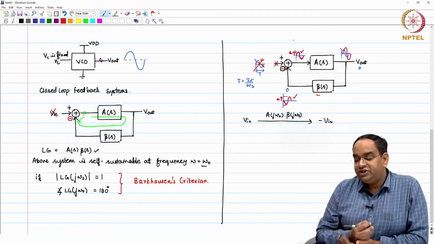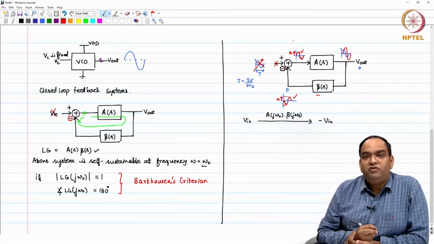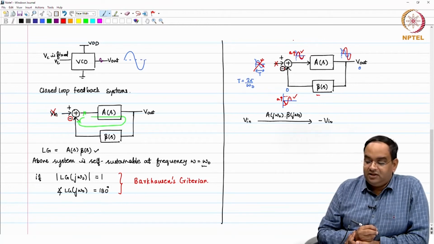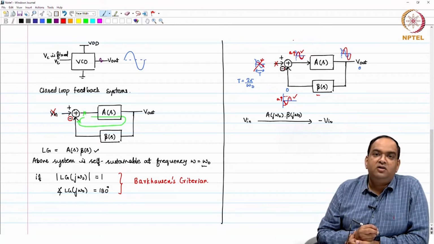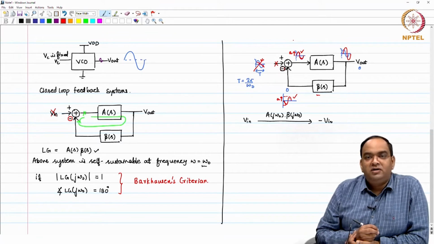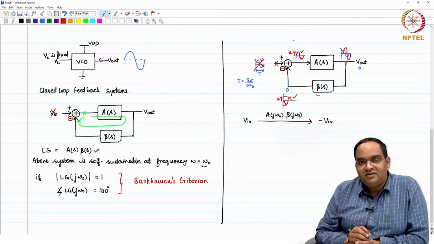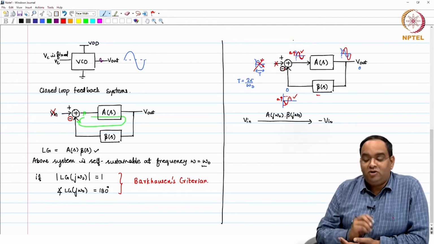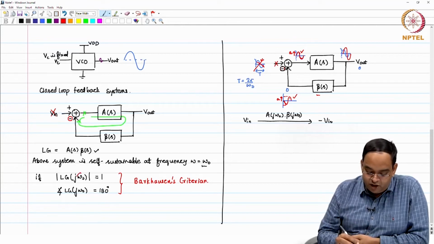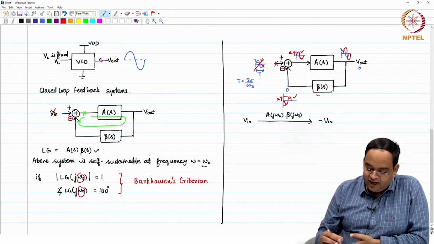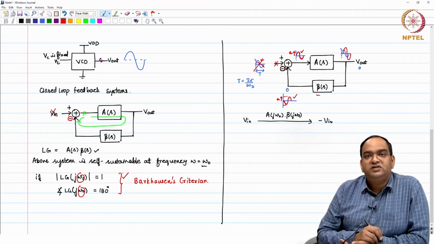You can ask the question: if I do not feed anything, where will the sine wave arise in the first place? Well, if this system is a model of some circuit block, there is going to be noise in the system. Noise exists at all frequencies. At one particular frequency, which is omega naught, you will satisfy this criterion for sustained oscillations.